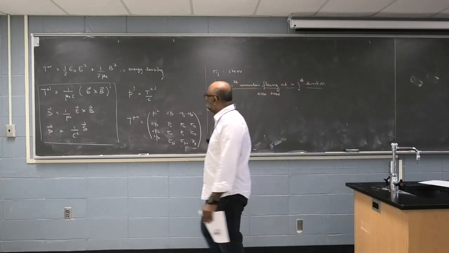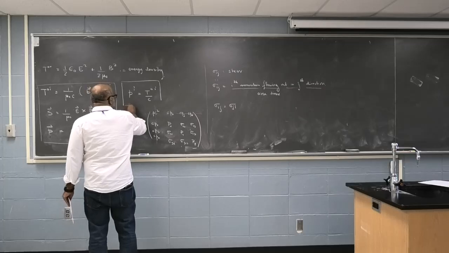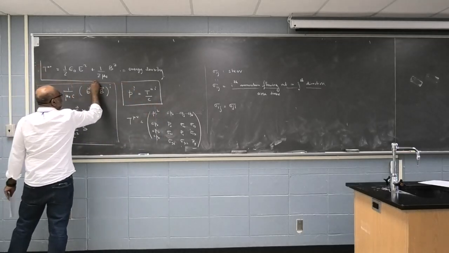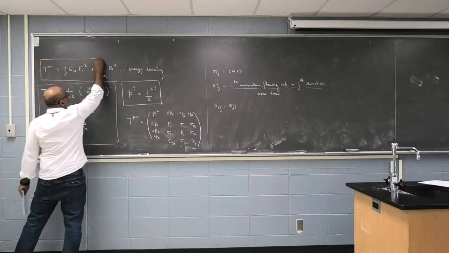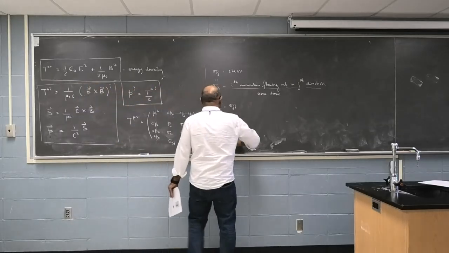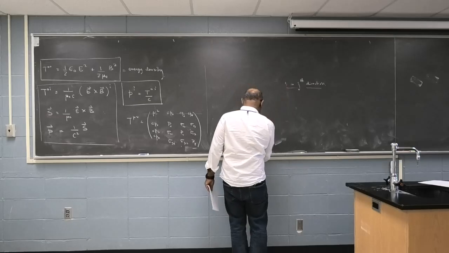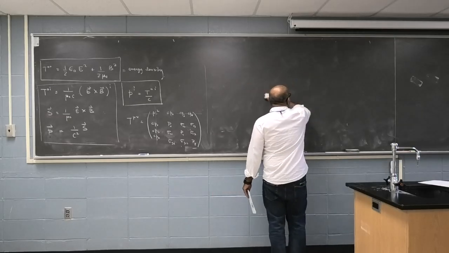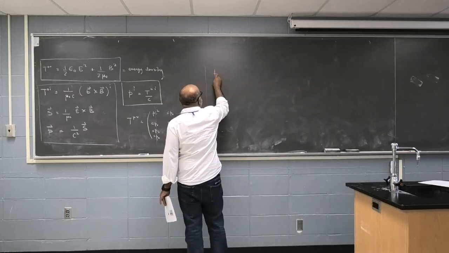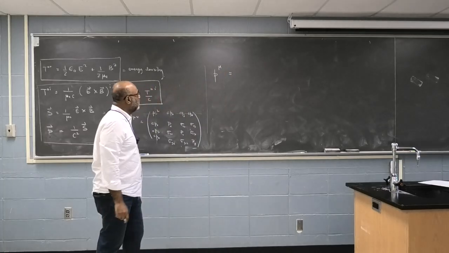Now, because of this statement and this statement, I'm going to define a quantity that looks like a vector, but it's a non-vector in a vector's clothing. Lowercase p. It's a 4-tuple because it has a mu index.